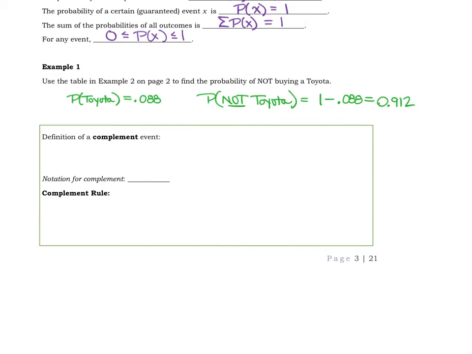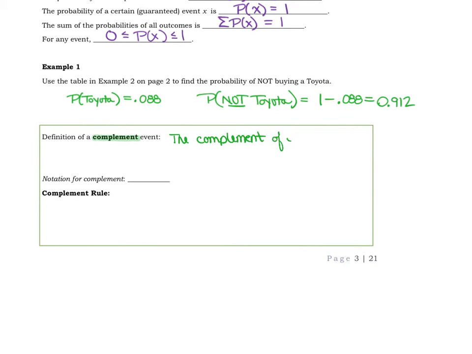It also leads us to the definition of complement. So we're going to define the complement of an event, and I'm going to give you some notation as well. Complement is spelled differently than a compliment like, don't you look nice today? That's compliment with an I; complement is spelled with an E, C-O-M-P-L-E-M-E-N-T.